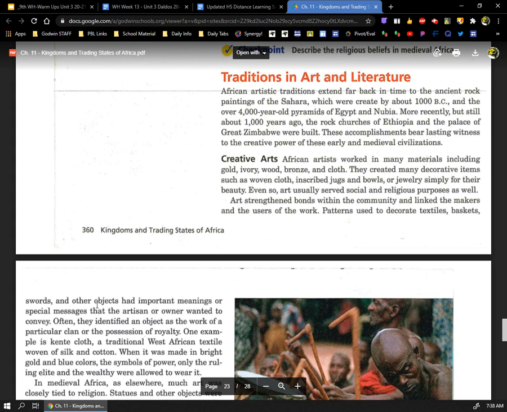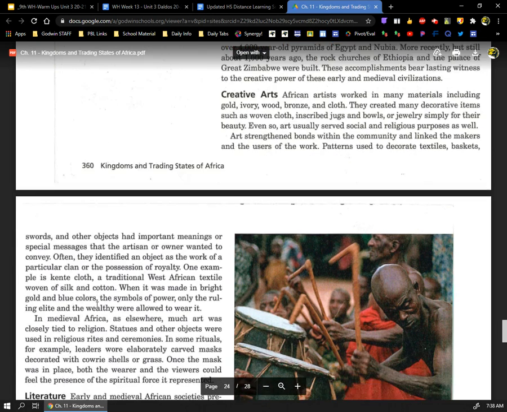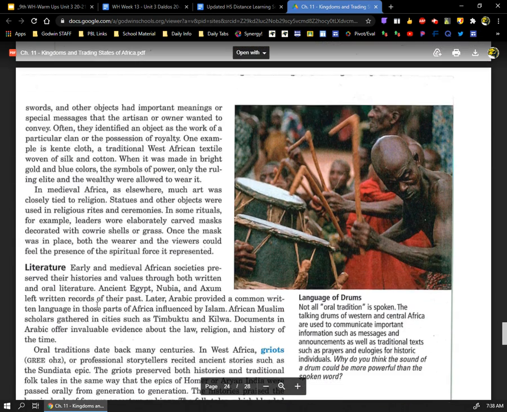Art strengthened bonds within the community and linked the makers and the users of the work. Patterns used to decorate textiles, baskets, and swords and other objects had important meanings or special messages that the artisan or owner wanted to convey. Often they identified an object as a work of a particular clan or the possession of royalty.